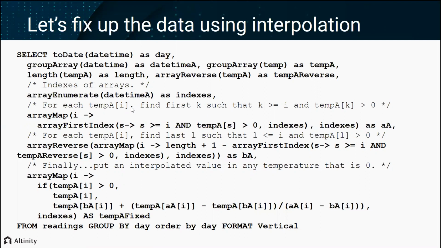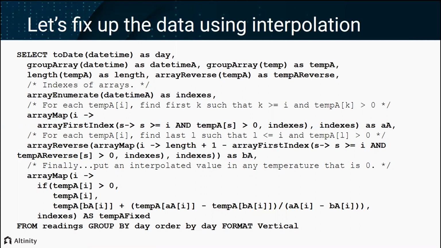And then once we've got the upper and the lower values, finally we're going to create an array which is a map from the original temperatures that are in temp A to temp A fixed. And what that does is it's going to walk the temperatures. If the temperature we find at each point in the vector is greater than 0, we're just going to take it. That's that temp AI that we see down at the bottom.